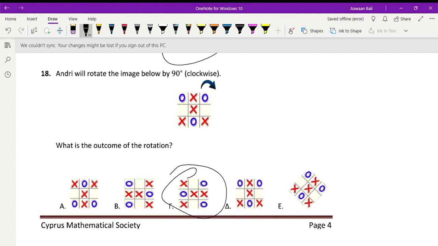This is 180 degrees. It's also wrong. And this is 270 degrees clockwise or 90 degrees anti-clockwise. Either way. Gamma, we said that's correct, and delta is basically the same thing.